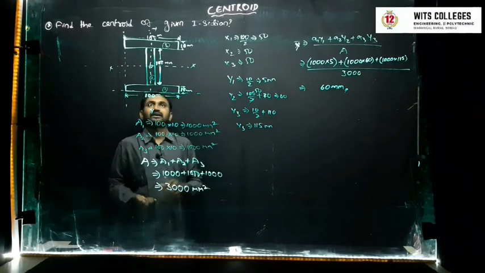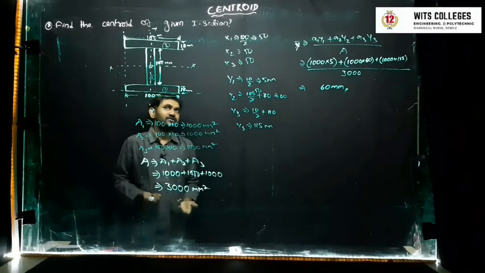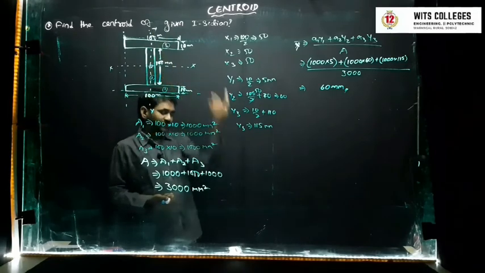As I said earlier, the total height is 120, and half of it is 60, so that way also you'll get y bar. Let us find out x bar also.